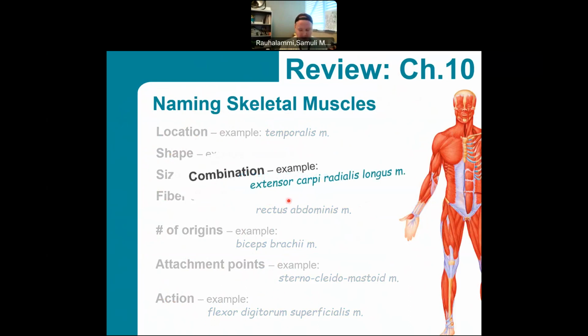One of my favorite examples is extensor carpi radialis longus. So we're seeing from the name that this muscle will play a role in extending. It will be located at the level of the wrist, running along the radius, and it is a very long muscle. So we're getting a bunch of information simply from the name of the muscle.